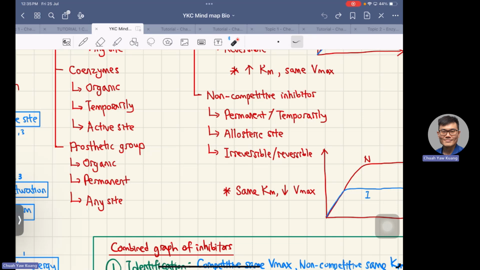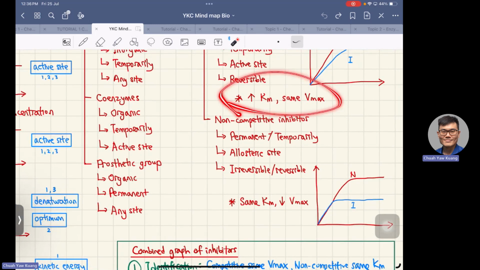There is actually further explanation on how and why the Km is not a factor and why the Vmax is a factor. There's a lot of explanation on that, it's just that it is not in our syllabus. A-level students study it in more detail. For us, you only need to know this and this.